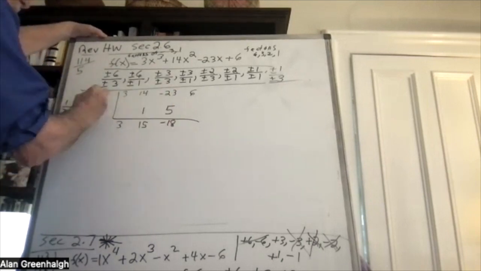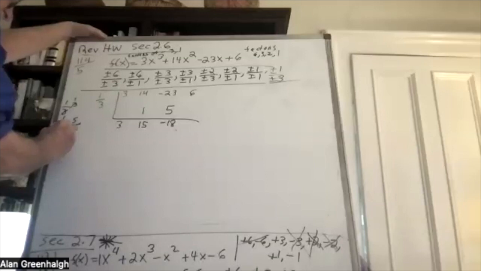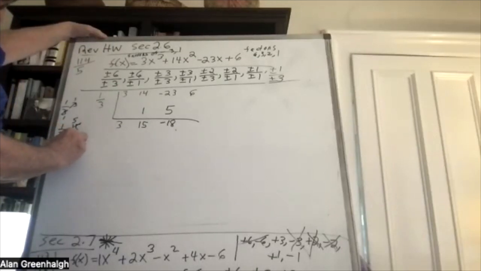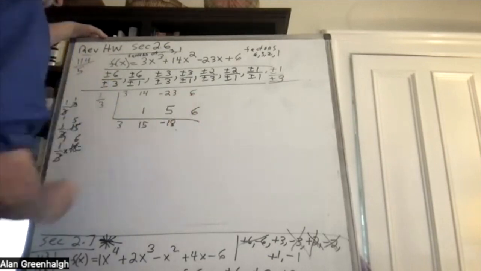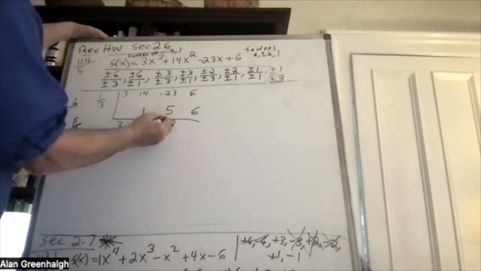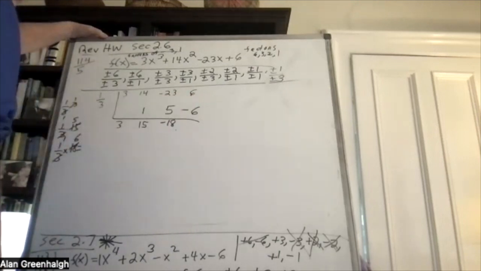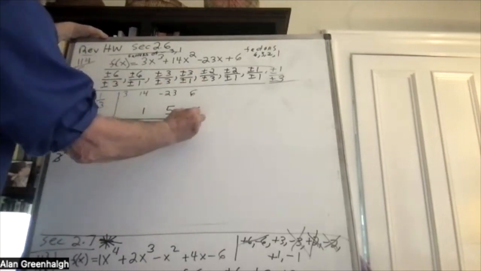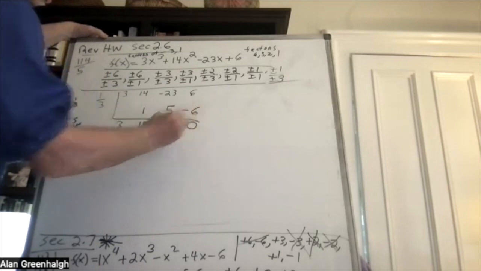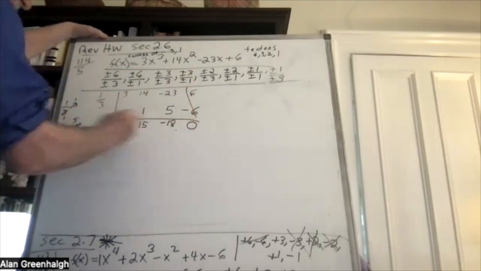Then -18. 1/3 of -18, 1/3 times 18, but it's negative. There it is. It should come out to 0, and it does. Perfect.